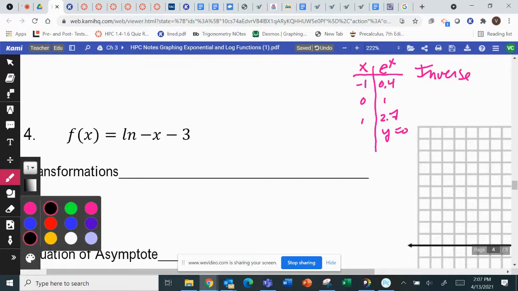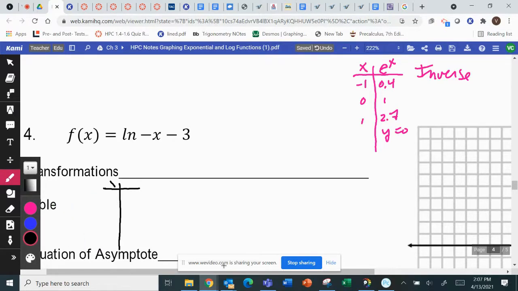Then I'll come over to my space here. And I will just switch all the points. So I'll have 0.4, 1, 2.7, and x equals 0. And then in the y side, I'll have -1, 0, 1. Now, the reason why I do it this way is because I'm a silly mistake maker.